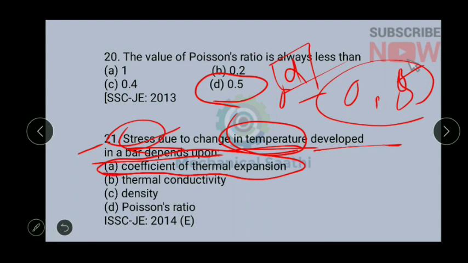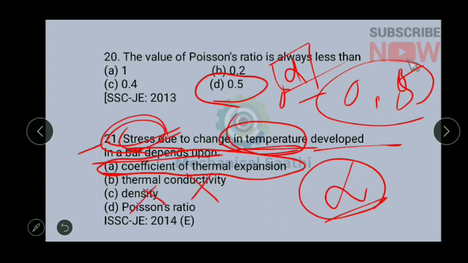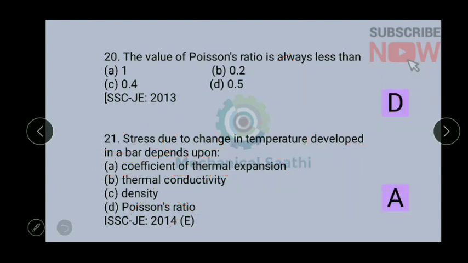Every material has some coefficient of thermal expansion, denoted by alpha. So the stress will depend on the value of alpha. It will not depend on thermal conductivity, density, or Poisson's ratio. So option A will be the correct answer. Then for question number 20, option D is the correct answer, and for question number 21, option A is the correct answer.